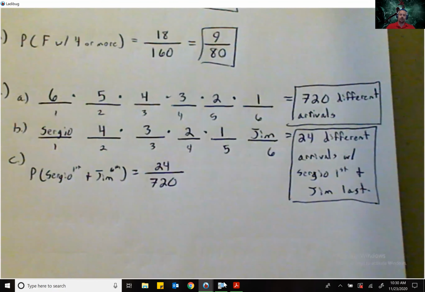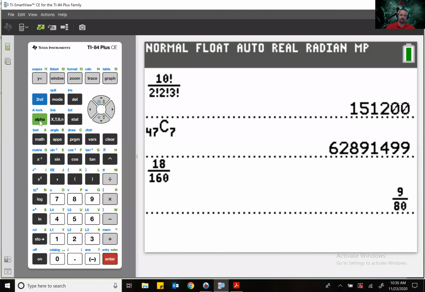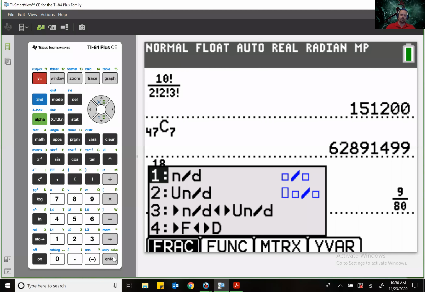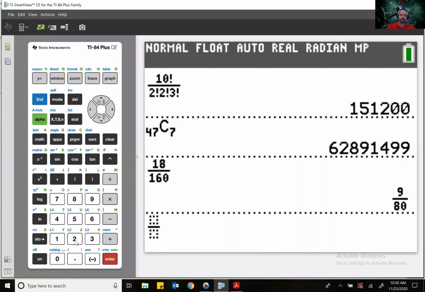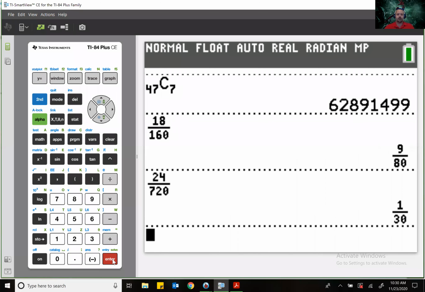And again, go to your calculator, alpha, y equals, put in your fraction, 24 all over 720, not 60, 20, Mr. Armstrong. And the probability is 1 out of 30. And there you go. Moving on.